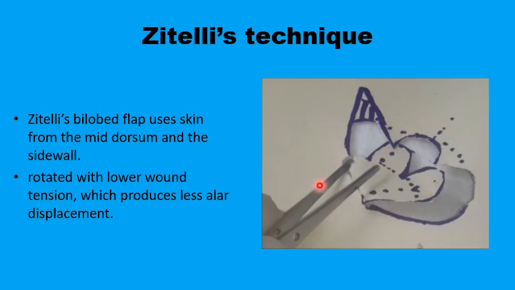Now the two flaps can be transposed easier into the primary defect and the secondary defect, and by removing this small piece of skin you can close up the secondary defect in a straight line.